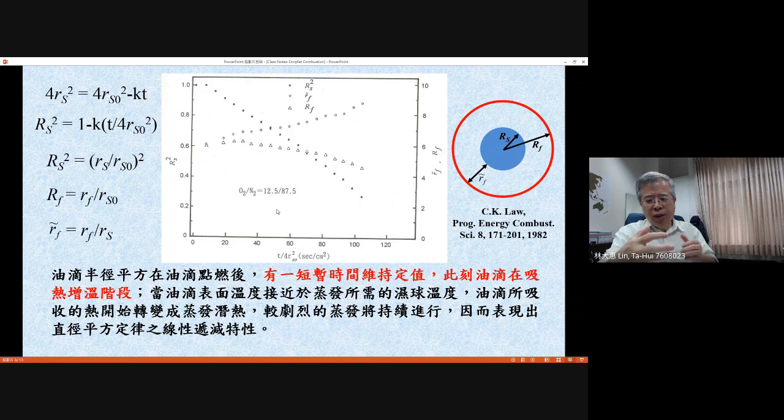You remember the motion of your diffusion flame is controlled by the balance between the fuel diffusion and oxygen diffusion strengths. When the diffusion flame moves away from the fuel side, that means the fuel supply is stronger than the oxygen supply, and it pushes the flame toward the oxidizer side.